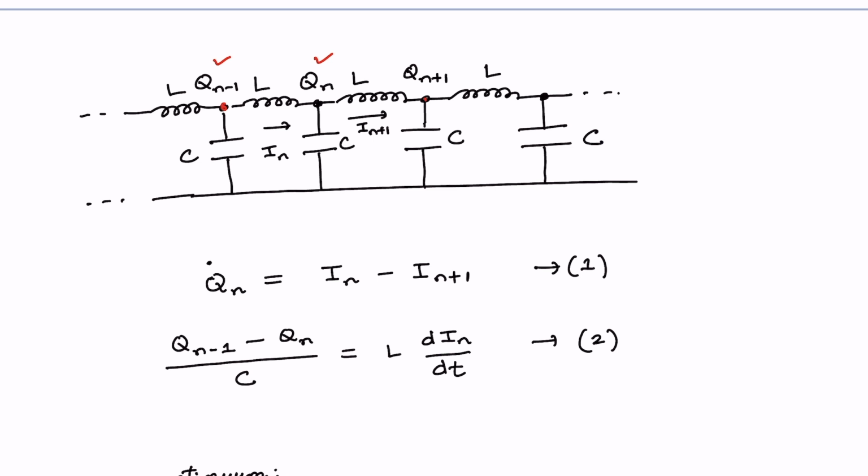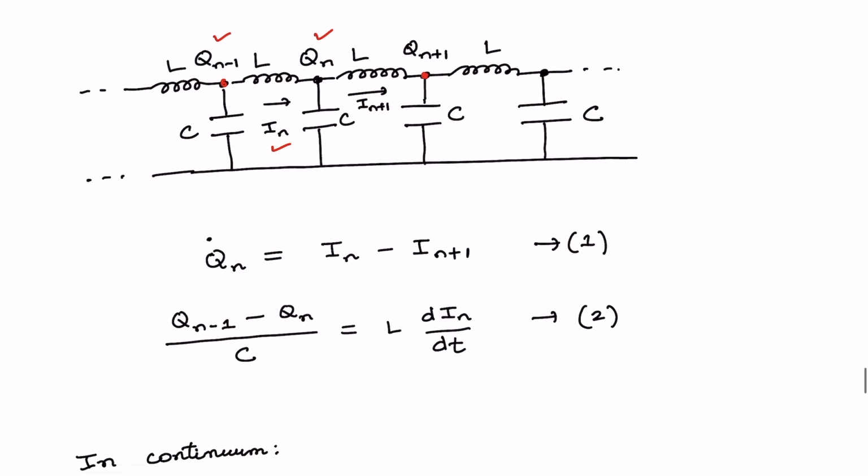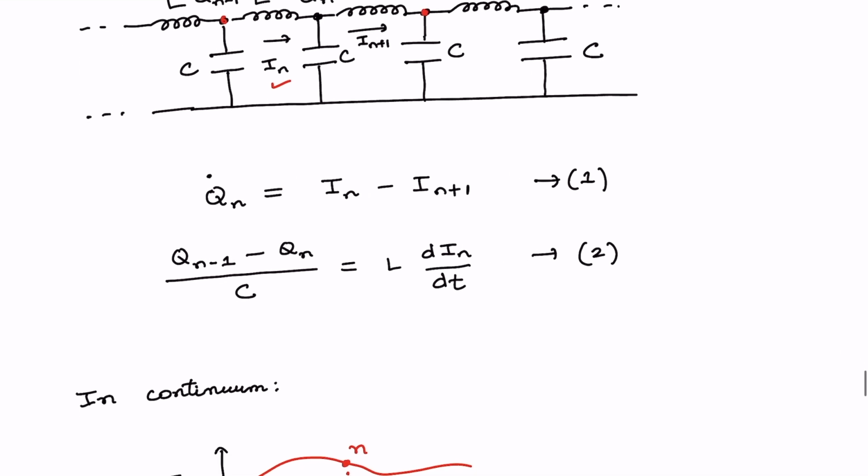Current In is flowing from node n minus 1 to n, and similarly current In plus 1 is flowing towards the n plus 1th node. This is going to help you set up an equation for charge conservation because charge is flowing. So Q dot is equal to In minus In plus 1, because current In is going into the nth node and In plus 1 is going out. That's the reason we have a minus sign here.